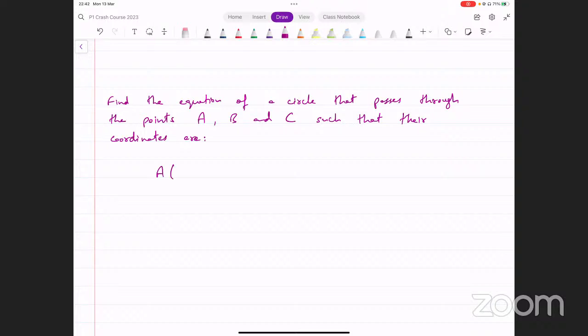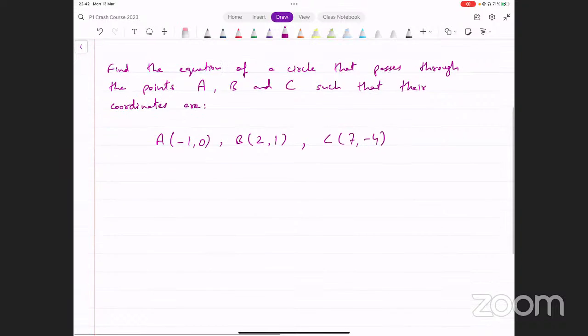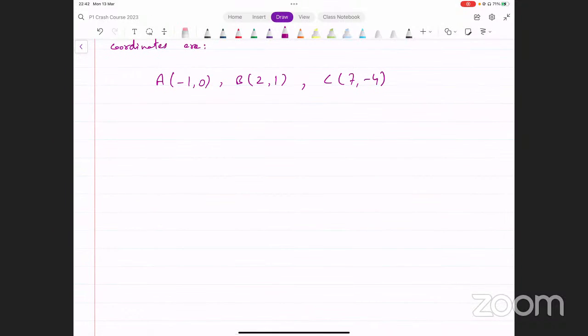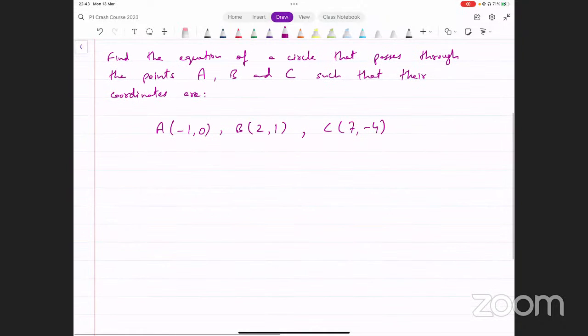You have a point A, it has coordinates -1 and 0. You have another point, let's say B, it has coordinates 2 and 1. You have another point C, it has coordinates 7 and -4. You have 3 points on the circumference of a circle. All right. And you want to find the equation of the circle.